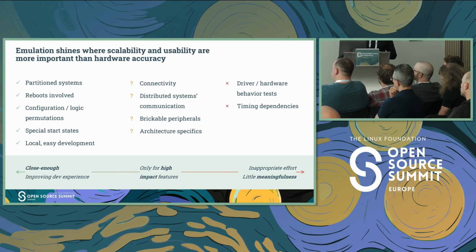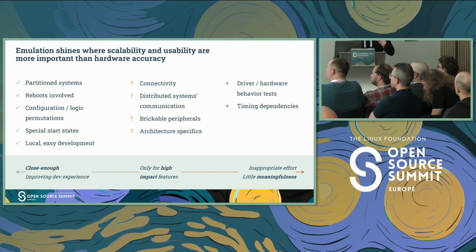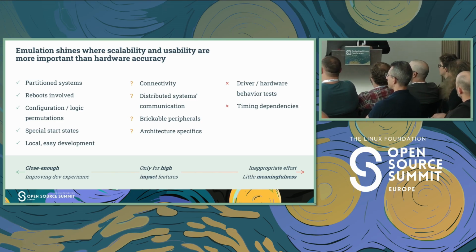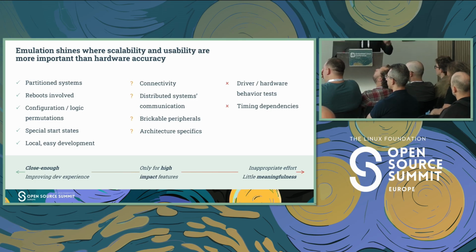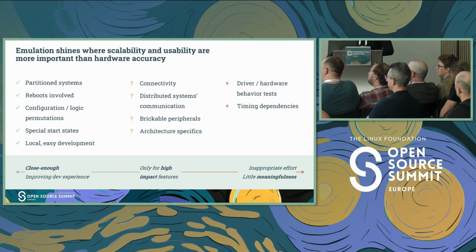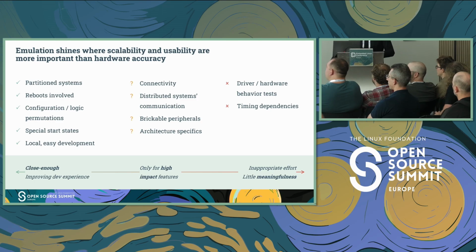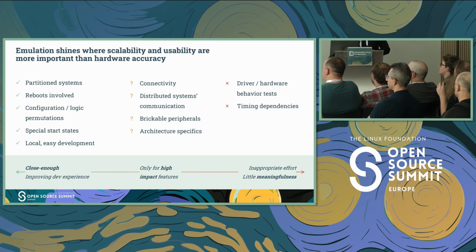I think if you're more on that left side, where it's fine, I just want to have roughly the same behavior, and I'm focusing on, let's say, application level anyway, then it could be valuable for you. But if you're really trying to achieve that exact behavior of your hardware target, then you can hit a cost explosion pretty fast.